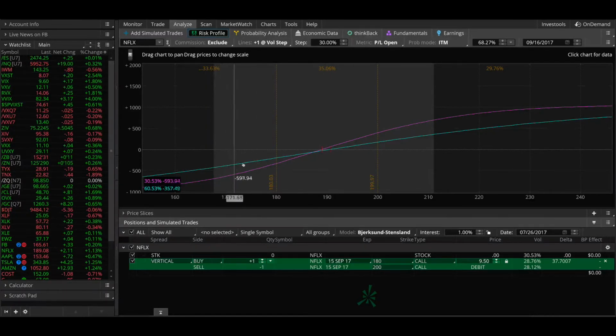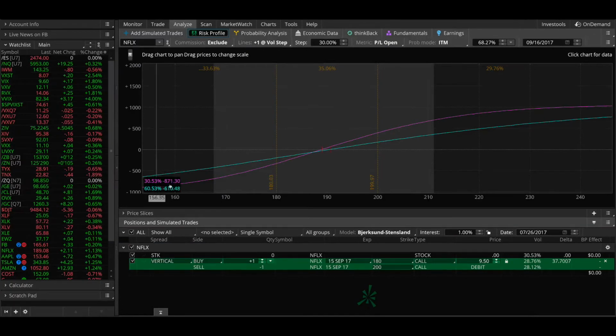So this blue line, this flatter line, actually represents the P&L estimation of this call spread if Netflix's implied volatility were to increase by 30%. So we can see that as of now, Netflix is trading with an implied volatility of around 30.5%, but this blue flatter line is estimating the profitability of this spread if Netflix's implied volatility were to increase to 60.5%.